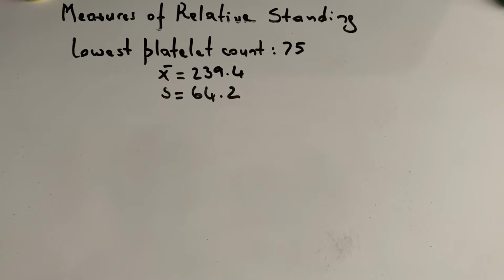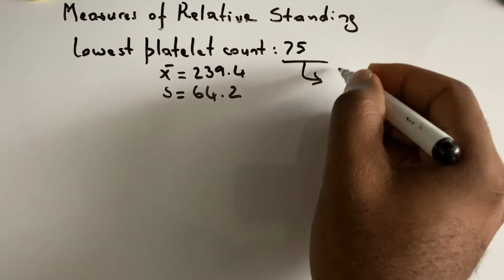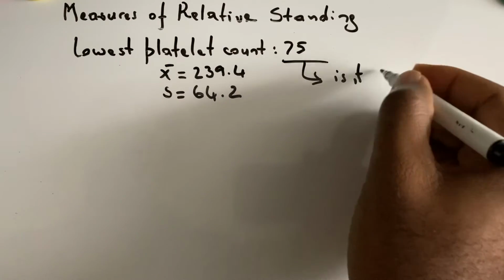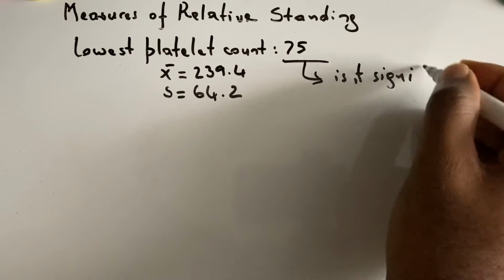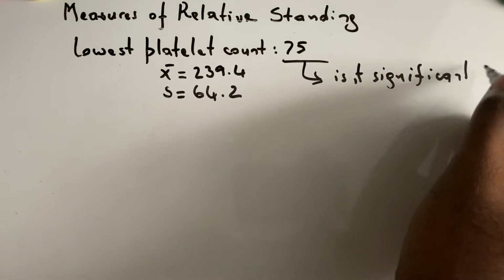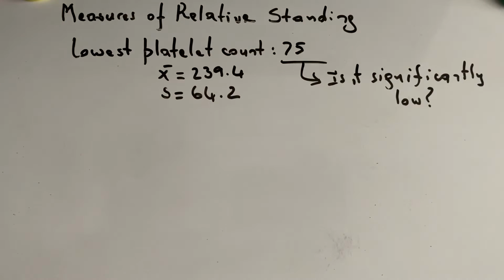Let's say you want to check whether the value 75 is significant, or rather, whether it is significantly low. Very important to check. Why check whether something like this is significantly low?